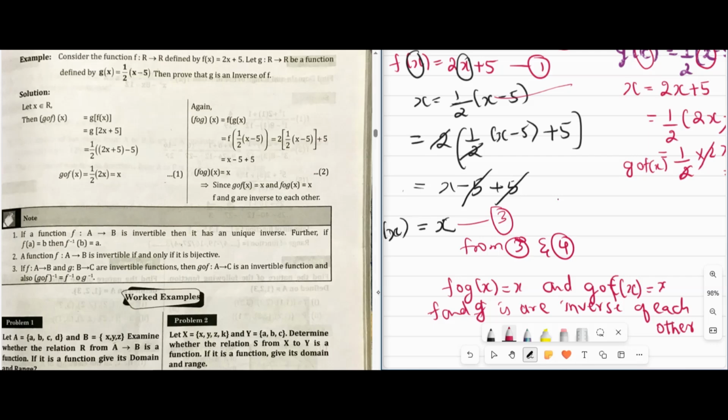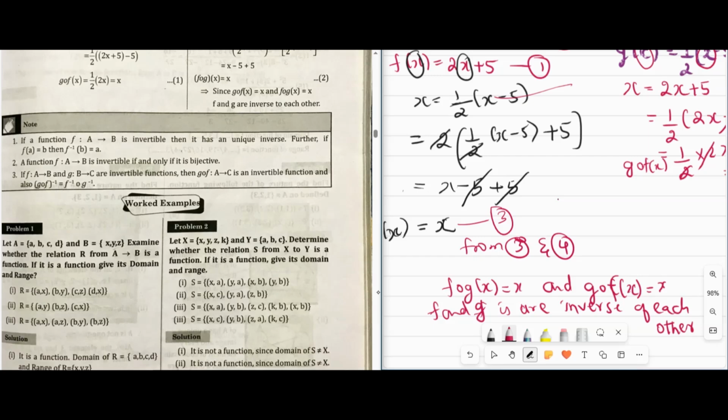So, moving on to the next one: if f is a function from A to B and is invertible, then it has a unique inverse. Further, if f of a is equal to b, then f inverse of b is equal to a.